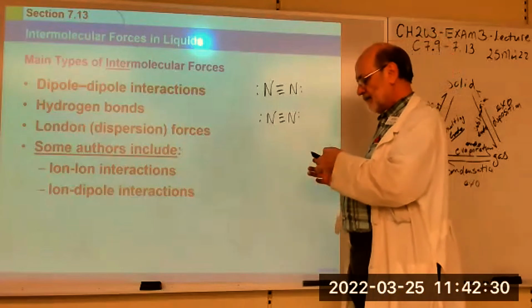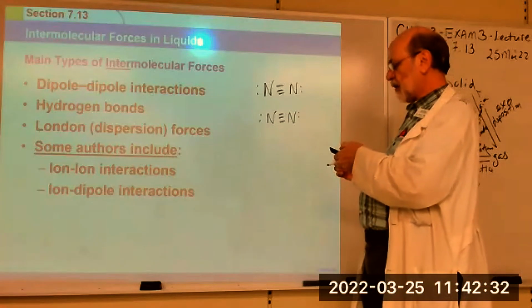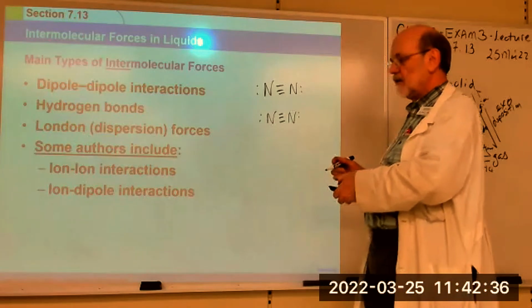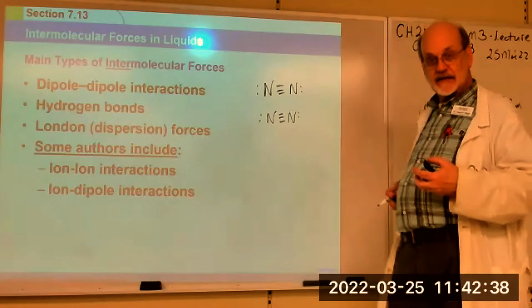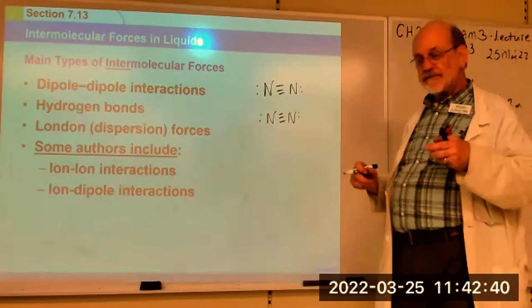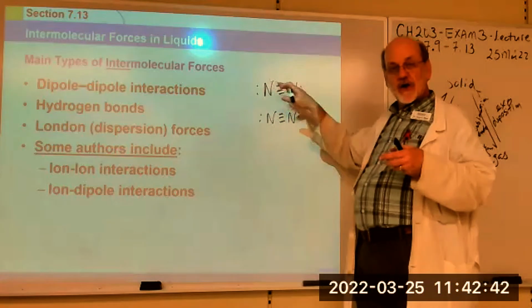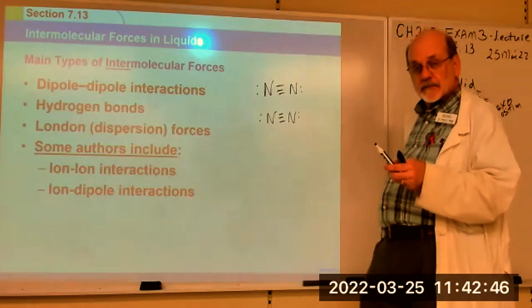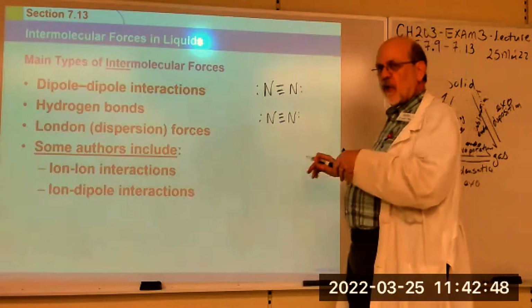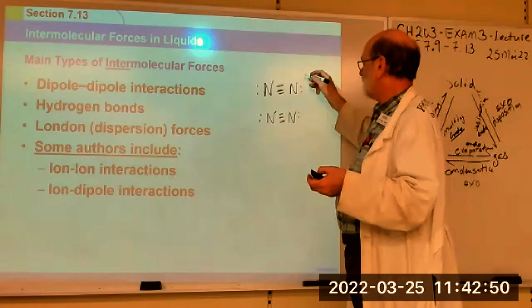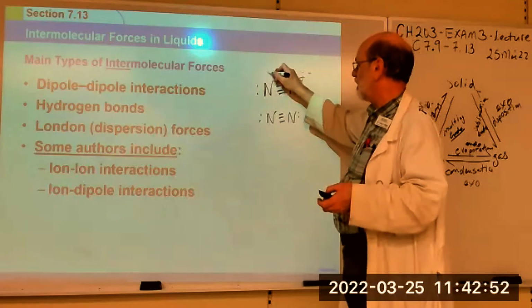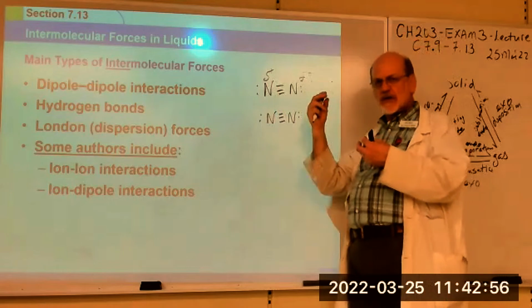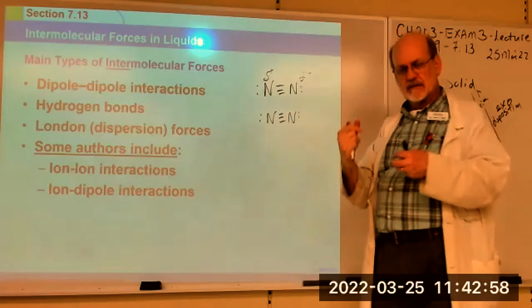And this person is given credit, London, for proposing this mechanism. What he said was, electrons are in constant motion in molecules, and atoms for that matter. So for an instant, you may have a slight distribution of charge toward this side. I mean, just for a microsecond.